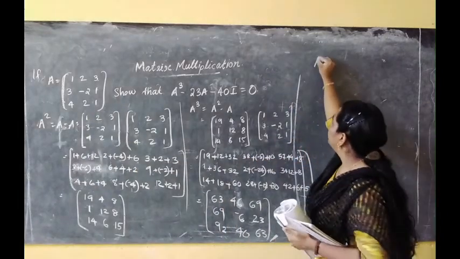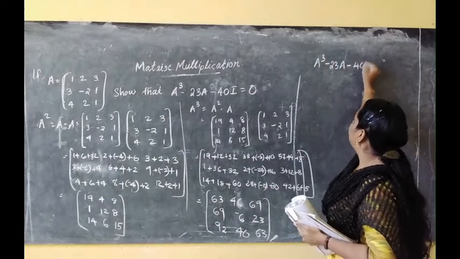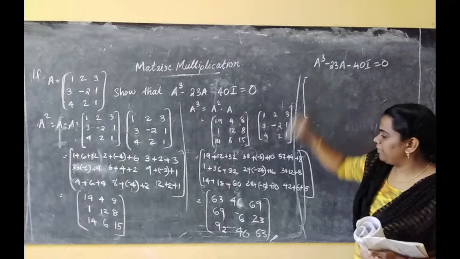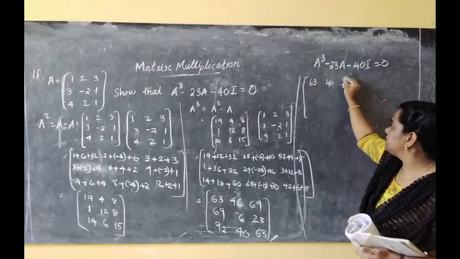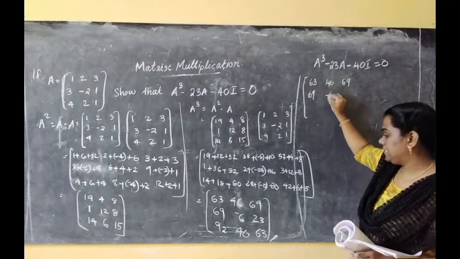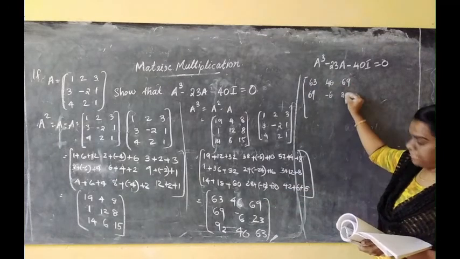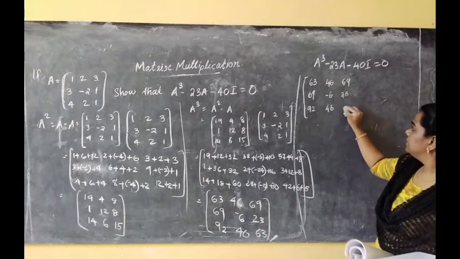Now we have A cube minus 23A minus 40I is equal to 0. A cube we already found: 63, 46, 69, then 69, minus 6, 23, then 92, 46, 63.